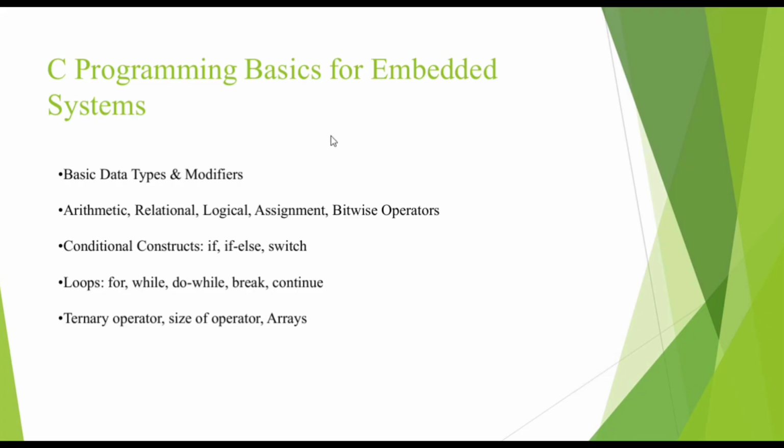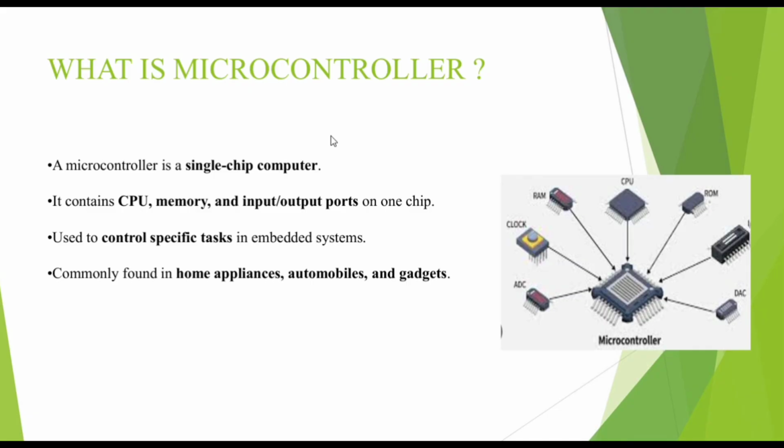Then in the next slide we will see what a microcontroller is. A microcontroller is a single chip computer. It contains CPU, memory and input output ports on one chip. In a single chip, all these things are contained. It is used to control a specific task in an embedded system.